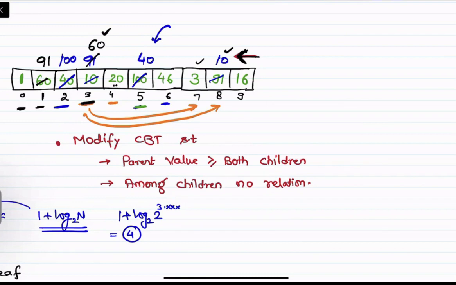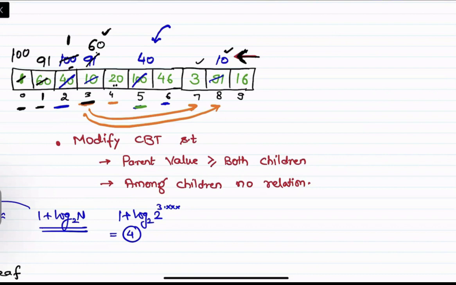Coming to index 0, the value at index 0 is 1. Now, where are the children of 1? Sorry, where are children of 0? My bad. Yeah, children of index 0 are 1 and 2, which is 160. So 1 should swap with 100. 1 comes here.